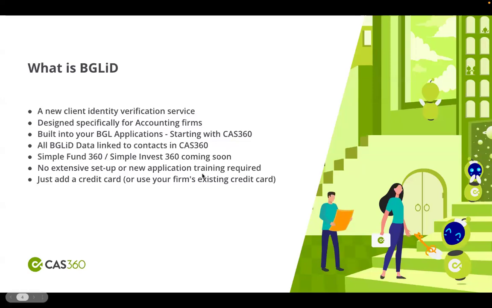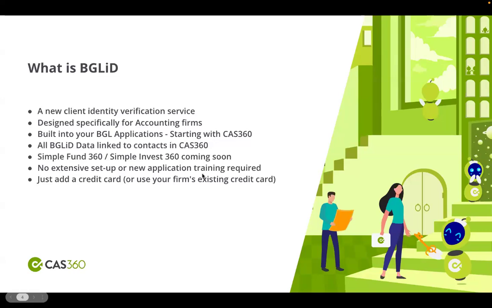So one of the advantages of all of this being built into BGL product is there's no extensive setup or new training required. It will feel like it's just another new feature within those applications. And yeah, you just need to basically add a payment method to your existing BGL products to start using it. If you've already got a credit card or a direct debit set up in your existing BGL products, like CAS 360, it will use that method.